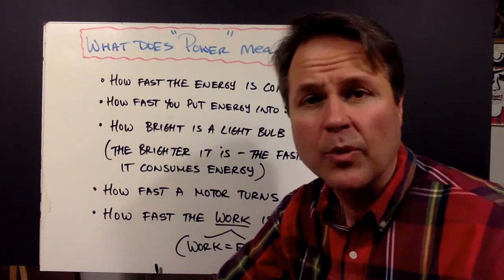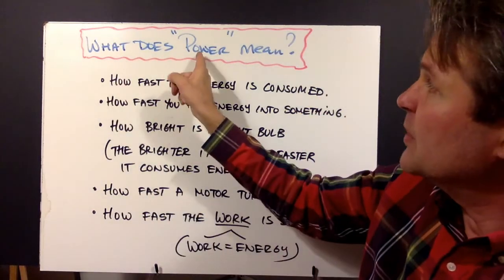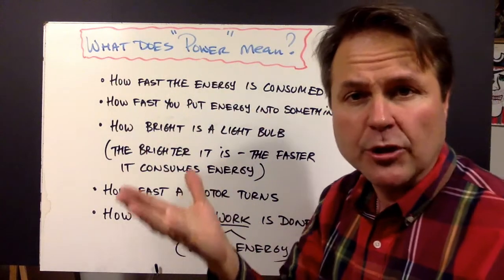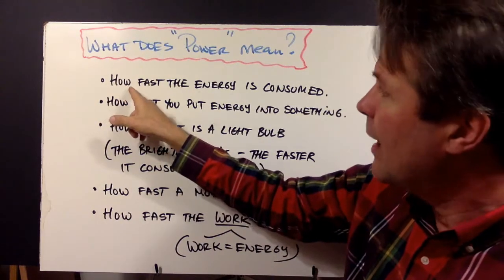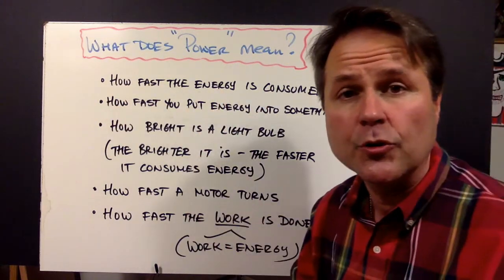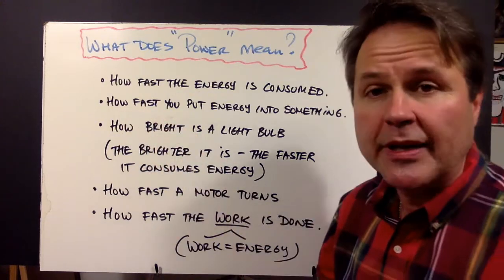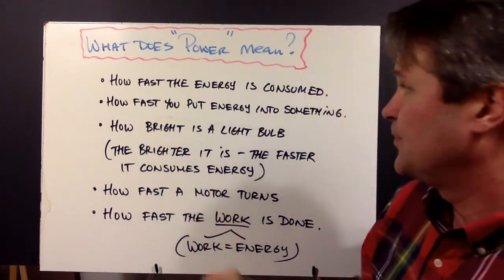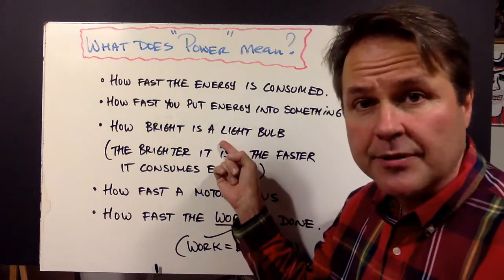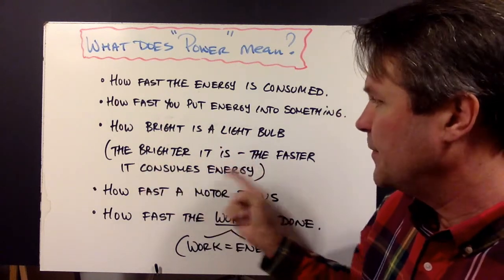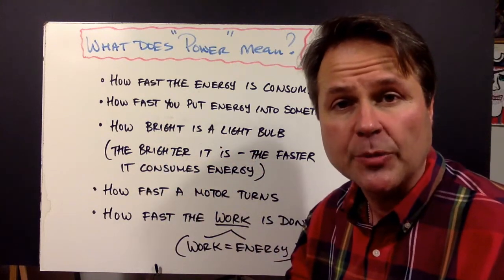So power, what does that actually mean? Well, when we say power in an electrical circuit, we're talking about how fast the energy is being consumed by the device, or how fast you're putting energy into the device, like how bright a light bulb is. So the brighter it is, the faster that light bulb is consuming energy.